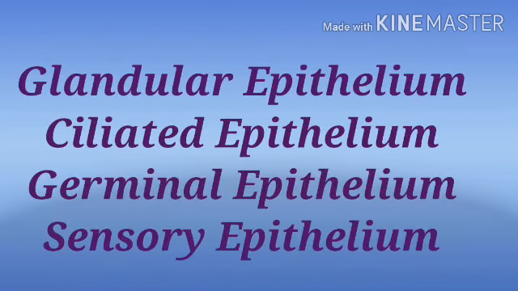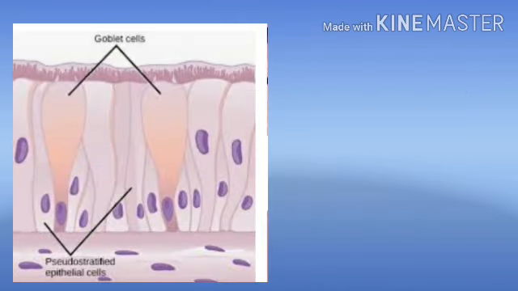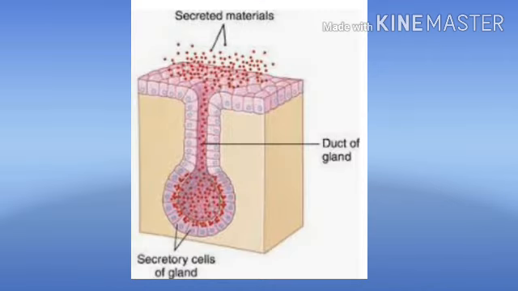On the basis of specific functions, the epithelial tissues are of four types, that is glandular epithelium, ciliated epithelium, germinal epithelium and sensory epithelium. So now I will tell you about glandular epithelium. The epithelium is often enfolded to form multicellular glands.